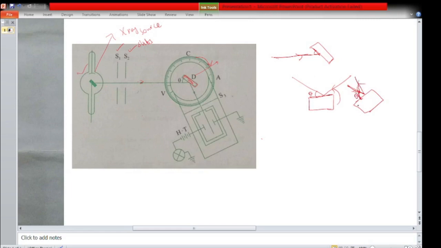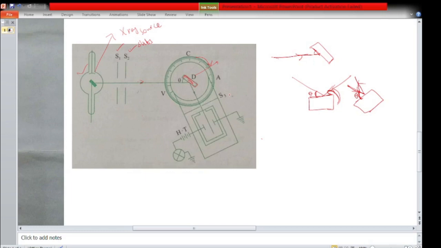Theta is changed. So when you rotate that crystal, by rotation of crystal, you can change that theta, the angle of incidence. In this X-ray spectrometer, we are considering that rotation through the turntable.